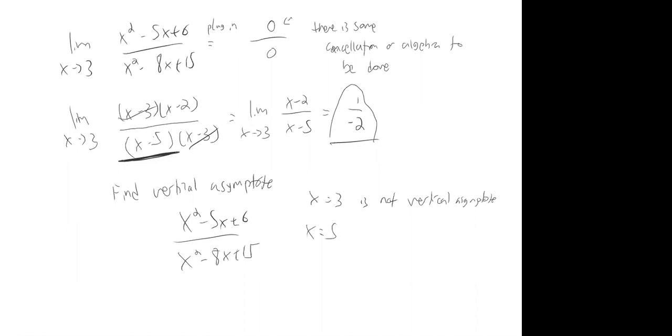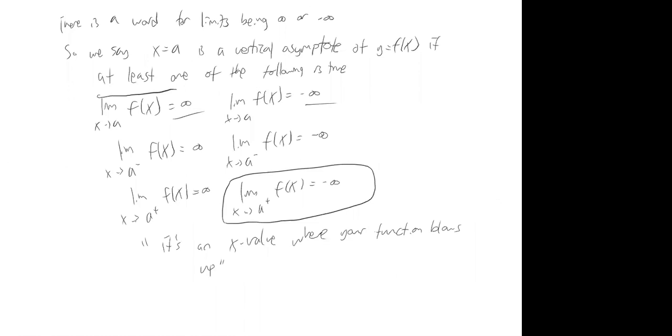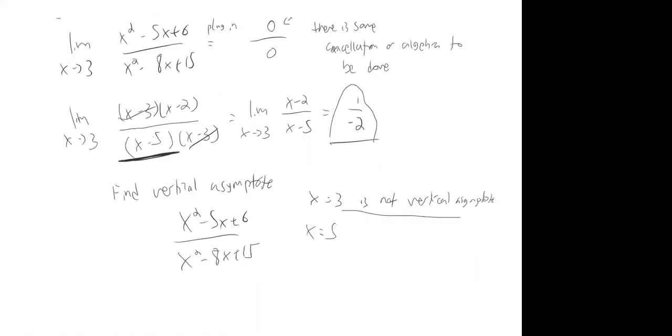For now, in this case, it's not a vertical asymptote because the limit is negative 1/2. It's only a vertical asymptote if you get plus or minus infinity. But I don't think that's the question on your homework. I think your homework is just something like this, where when you plug in, you get 0 over 0, and in that case you work harder.